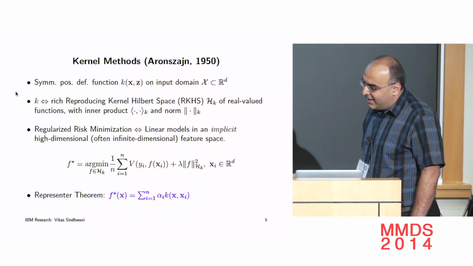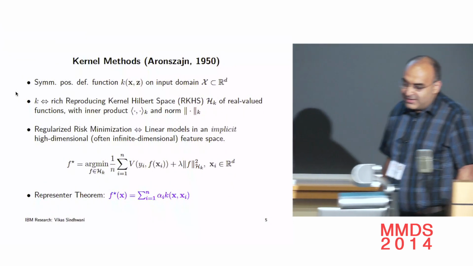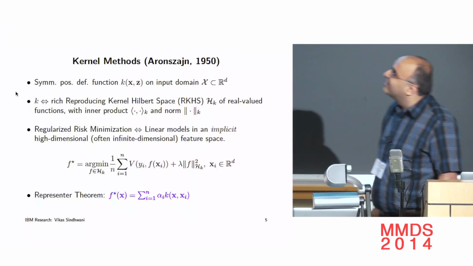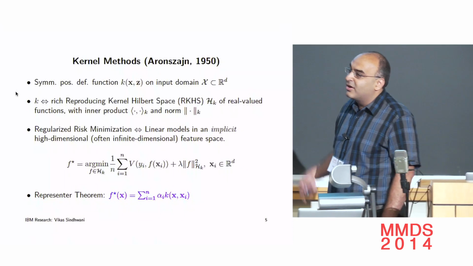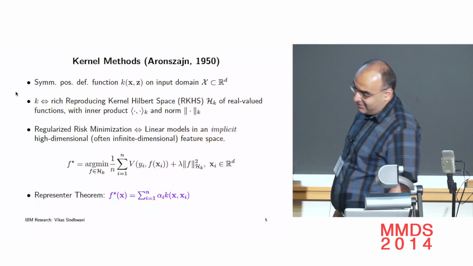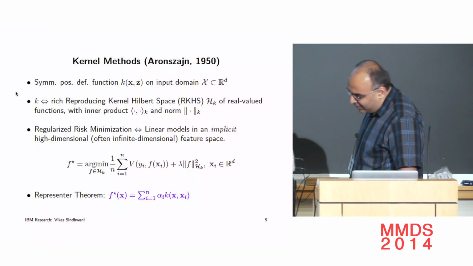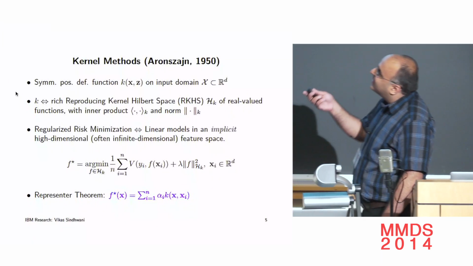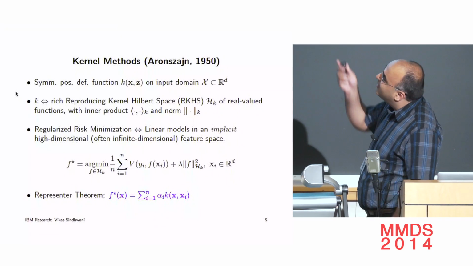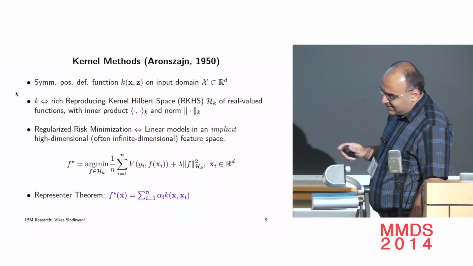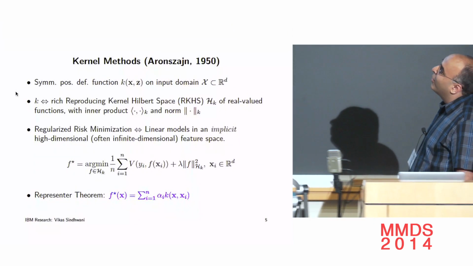So you start by taking a symmetric positive definite function k(x, z) that's defined on an input domain script X, which actually can be pretty much anything. It can just be a set, but for this purpose, we'll assume that it's a subset of R^d. And this symmetric positive definite function, the kernel, gives you access. There's a one-to-one correspondence between kernel and the so-called reproducing kernel Hilbert space, which is a nice space of functions on which learning problems can be posed.